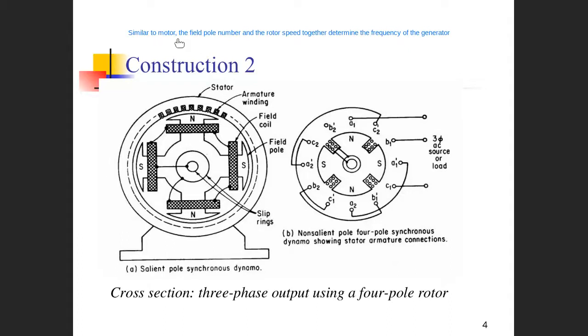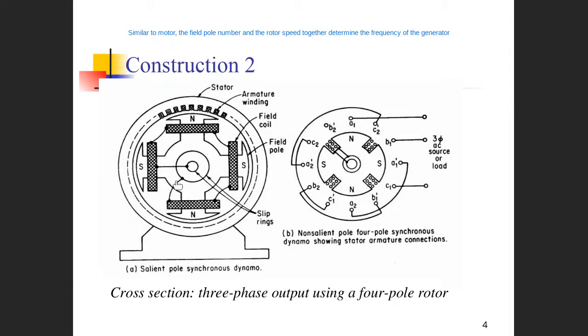But here, the field pole numbers and the rotor speed together determine the frequency of the generator. So for a given frequency, if we would like to slow down the rotation speed, we have to increase the pole numbers, so that we can use slow rotation with multiple poles to generate a constant frequency of electricity. That's the meaning of it.